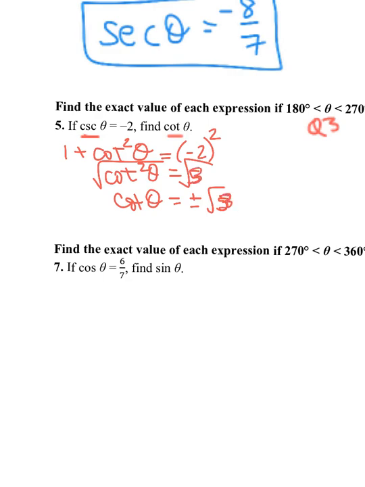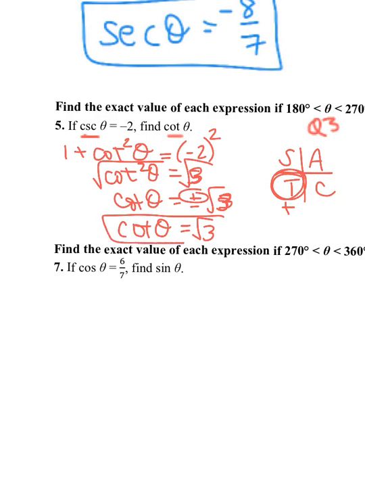Okay, and so now I need to check what sign I should use. So in the third quadrant, tangent is positive. So if tangent's positive, its reciprocal cotangent should also be positive too. So I'm going to take the positive. So final answer would be cotangent is equal to positive rad 3.